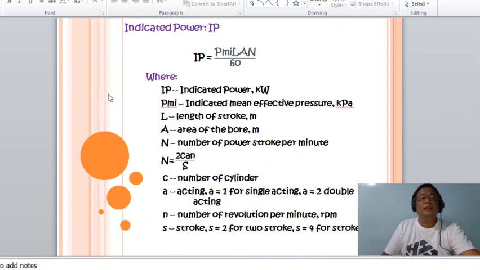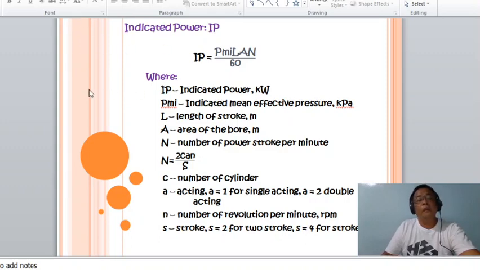So, determining now the indicated power. Indicated power is equal to the indicated mean effective pressure multiplied by the length of stroke, area of the bore, and the number of power strokes per minute divided by 60. Take note, the unit here is in SI.